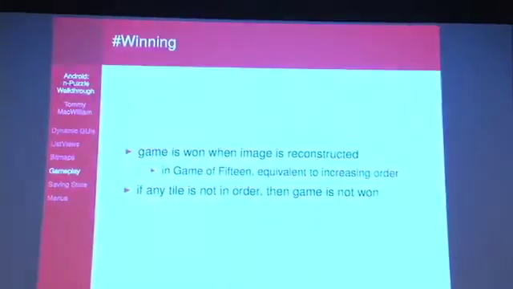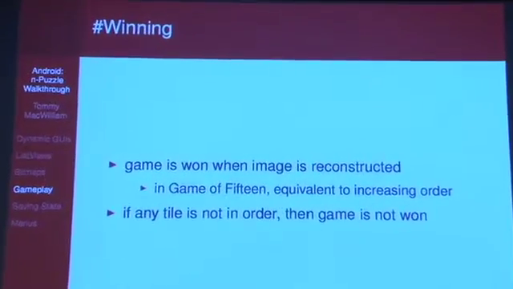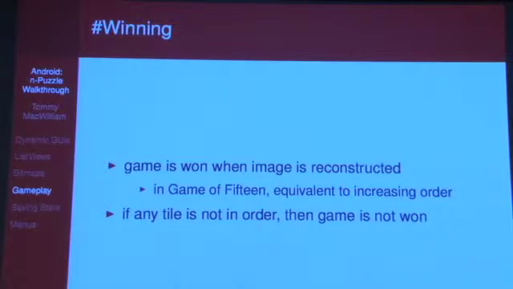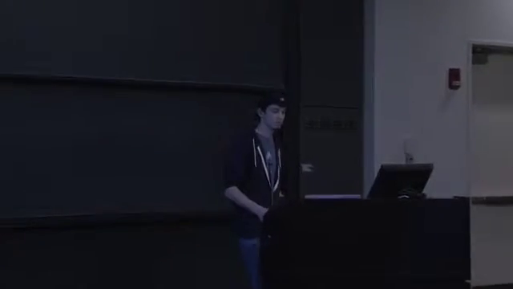OK. So after you've taken care of swapping tiles, you'll probably want to work on the method that determines when the board is solved. In our case, the game is won when you've fully reconstructed the original image. But in terms of the game of 15, that's equivalent to the tiles being arranged in increasing order. So if any tile is not in increasing order, there's no way the game can be won.